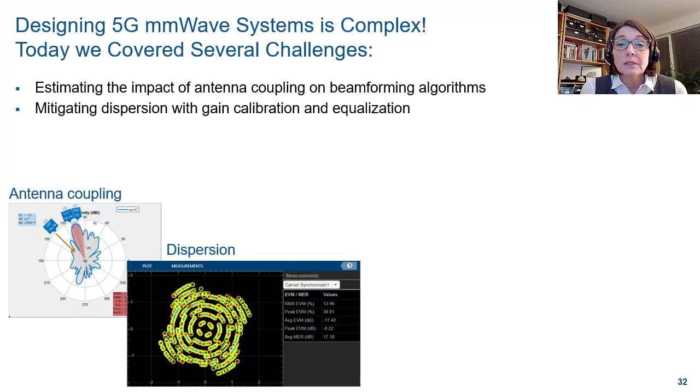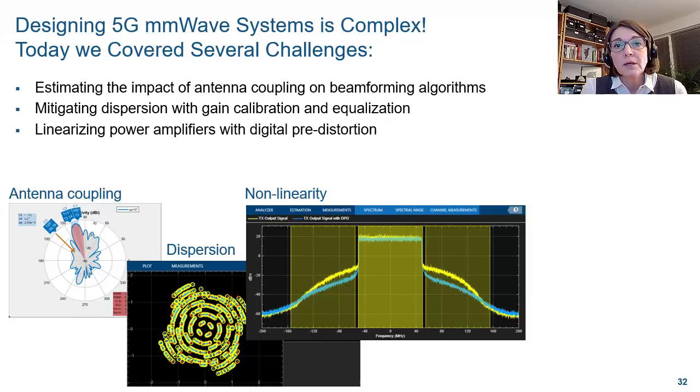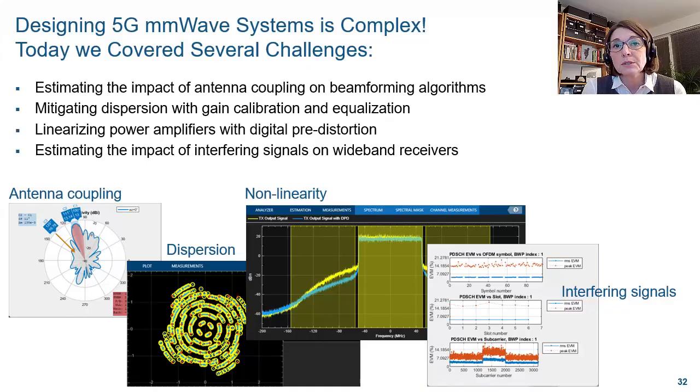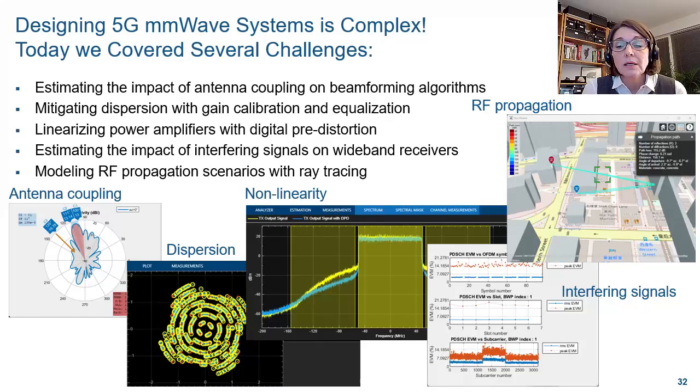We have seen the impact of dispersion and frequency dependency over and over again over wideband modulated signals. We talked about amplifiers nonlinearity and saw how digital predistortion can help in mitigating it. Then we jumped into receivers and saw the impact of interfering signals and how they can degrade the quality of the received signal. And last, we saw how to model RF propagation effects using ray tracing.